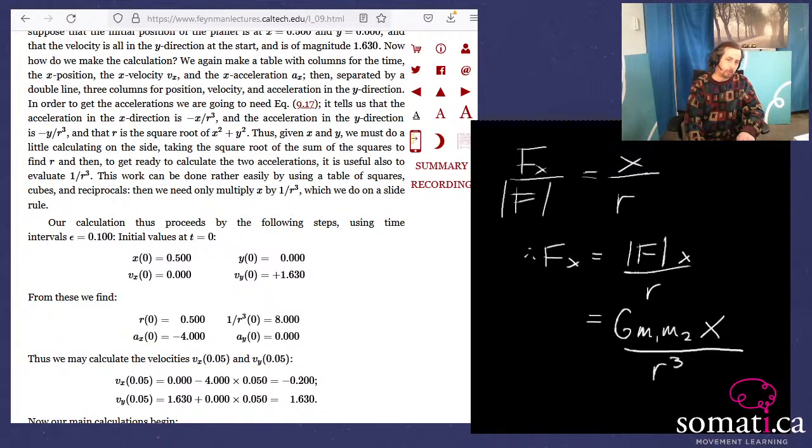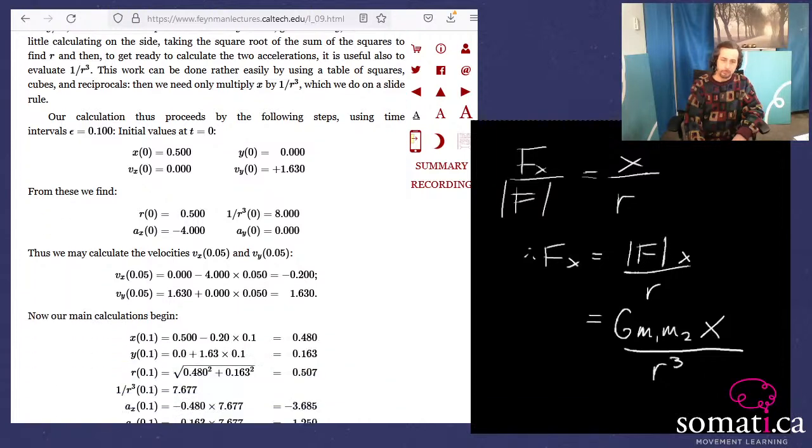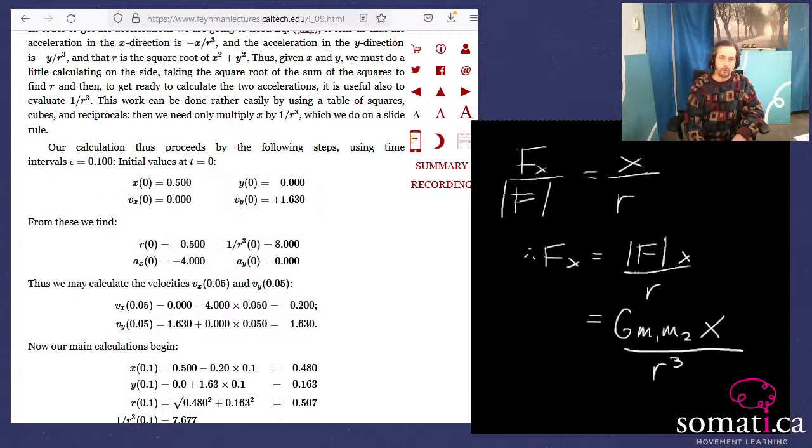That it initially has y velocity and not x velocity is strange to me. I don't completely get it. Because we're starting. Yeah, no, I don't completely get that.